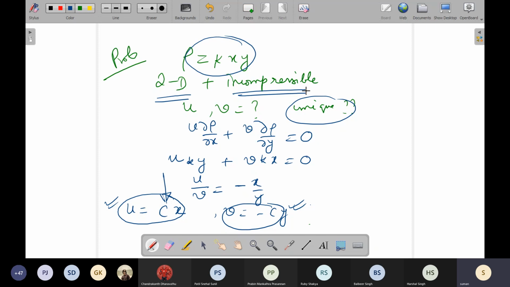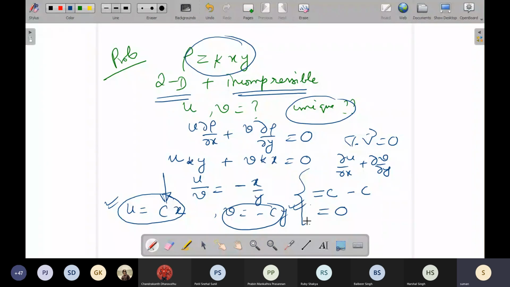So what we learn from here, that it can be incompressible flow, but density is not a constant. You can check that the basic kinematic constraint of incompressibility is satisfied. So in two dimensions, it is c minus c. This is 0. Okay. So you can see that that is satisfied.